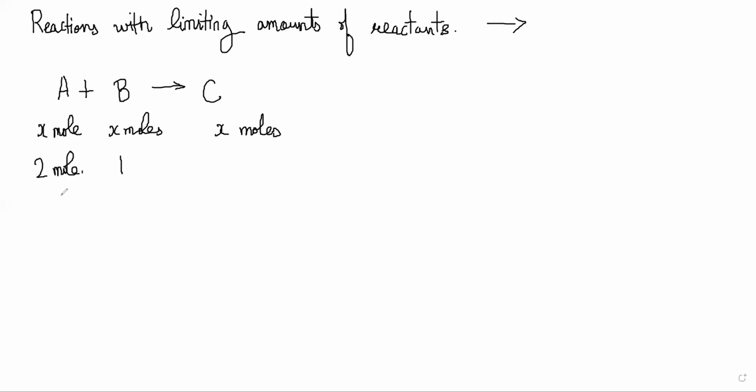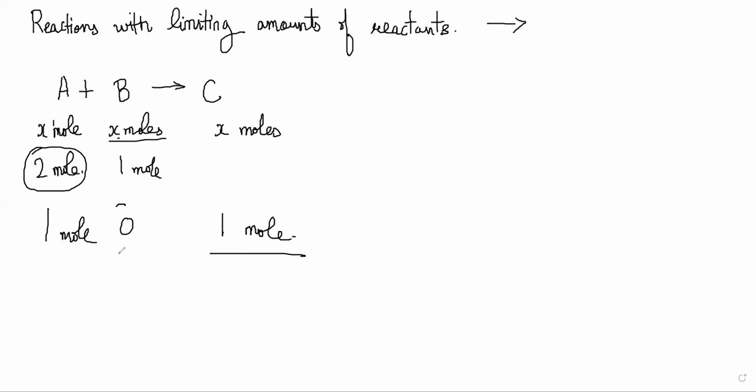Then obviously 2 moles cannot react. You will have 1 mole left over, and 0 mole of this and 1 mole of this, right? So basically B is called the limiting reactant. B is the limiting factor, so B decides how much of the reaction will happen.